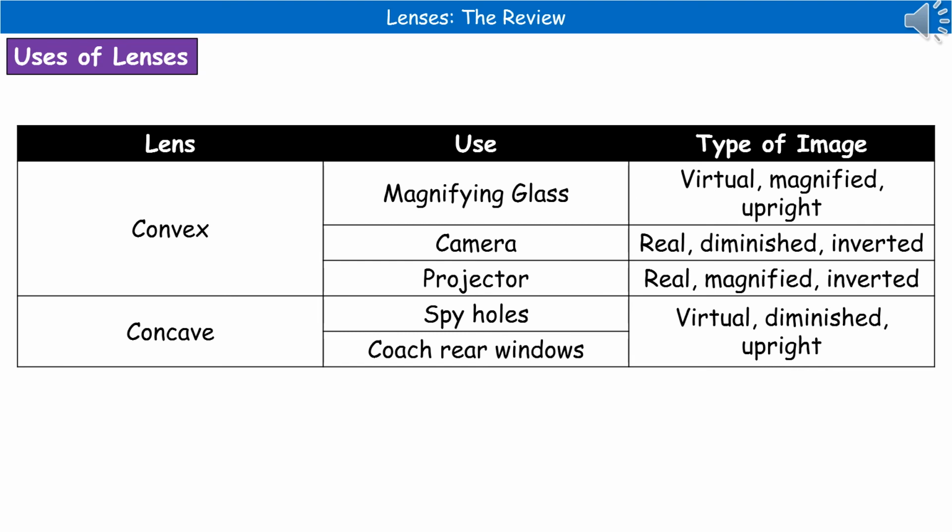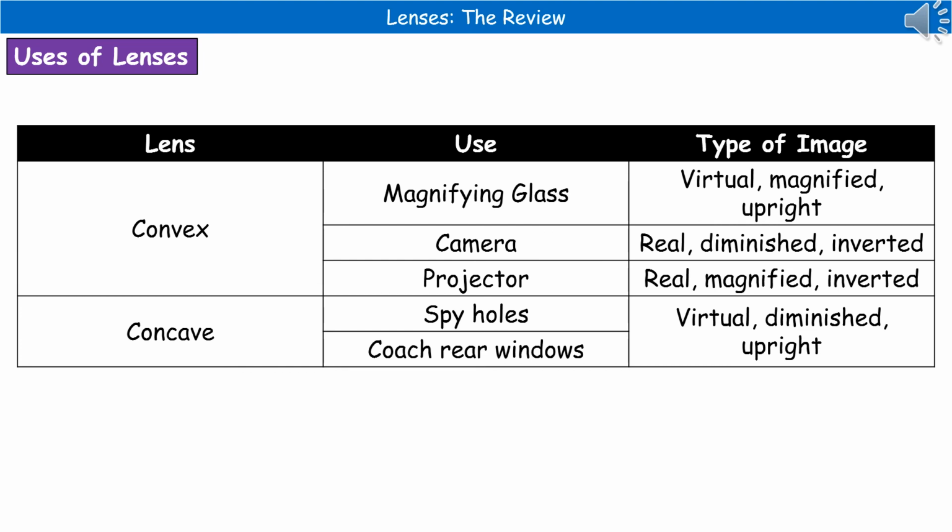And what we end up with there is a virtual image that's magnified but upright. If we have a convex lens in a camera, then it's a real image that's going to be diminished, so it's smaller, and inverted, so upside down.